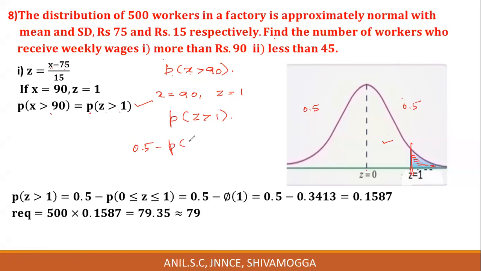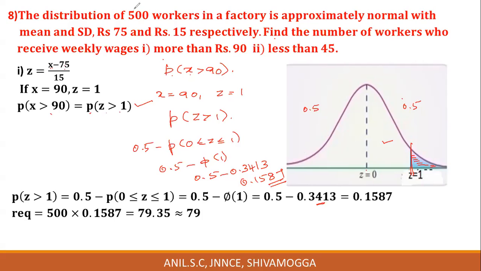Therefore, minus P where 0 less than or equal to Z less than or equal to 1, denoted by phi of 1. Therefore 0.5 minus phi of 1, 0.3413, obtained by using the table. 0.5 minus 0.3413 is 0.1587. This is the probability of any worker whose wage is more than 90 rupees.